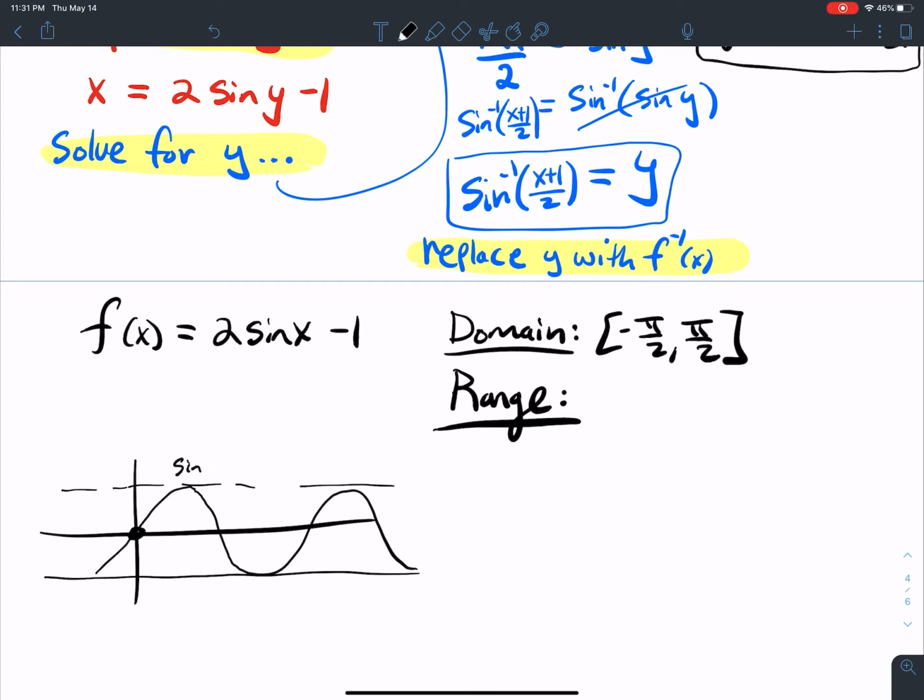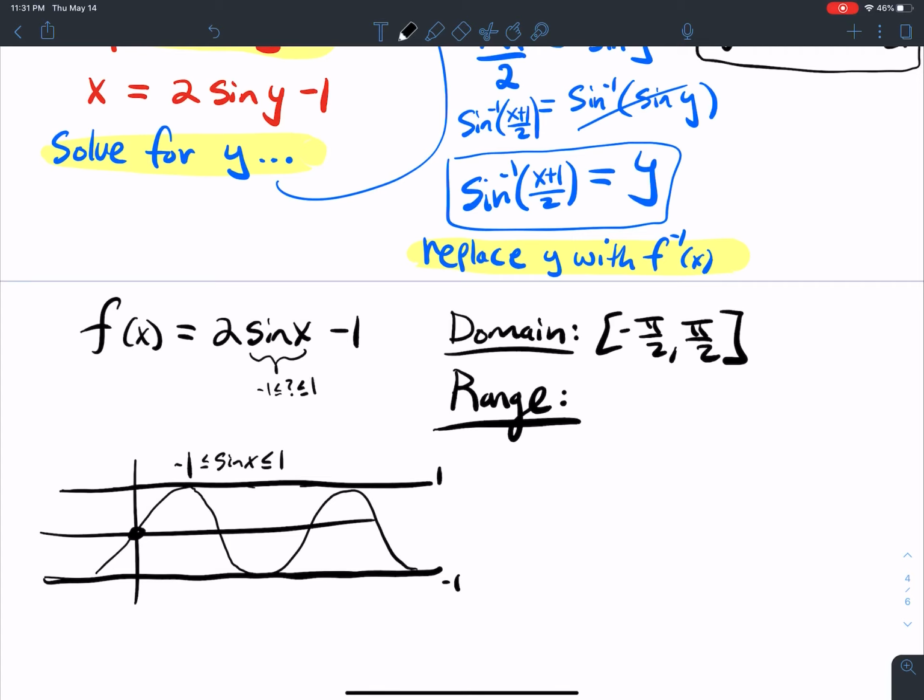Sine of x is always less than or equal to 1, but it's always greater than or equal to negative 1. That tells me this number here is varying between negative 1 and positive 1.